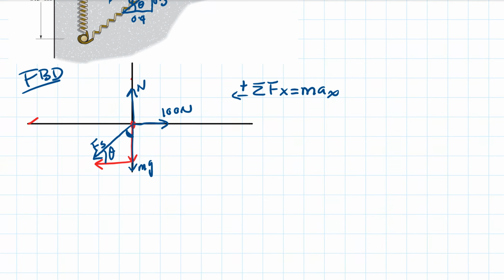Let's say this will be your positive x-axis. No, sorry, this is wrong. It will be different. Positive x.